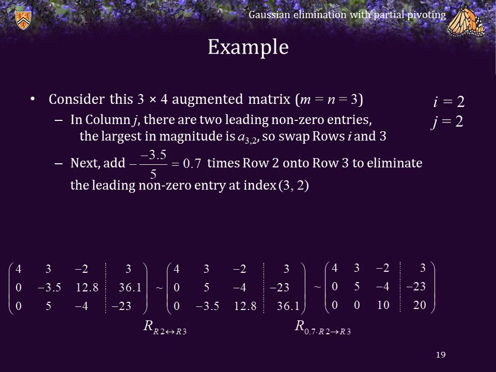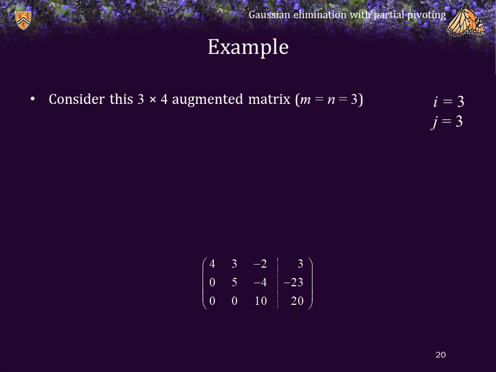Okay, there are no other leading non-zero entries in column 2, so we increment both i and j, which are now both equal to 3.